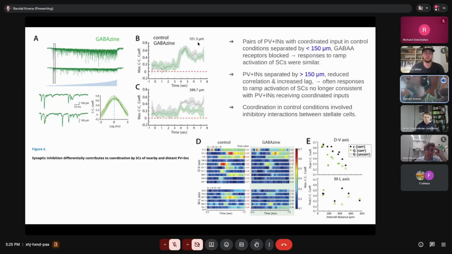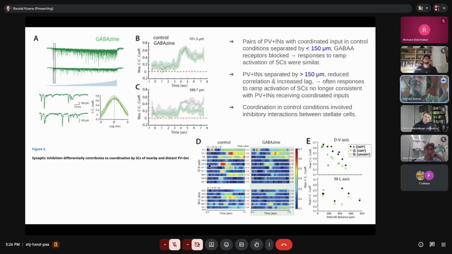We've got 101 micrometers, we've got 388 micrometers. They're showing this as a function of time since the onset of light in stellate cells, and they're comparing proximate cell bodies and distant cell bodies. And they find that blocking fast inhibition has an effect on synchronization distance.